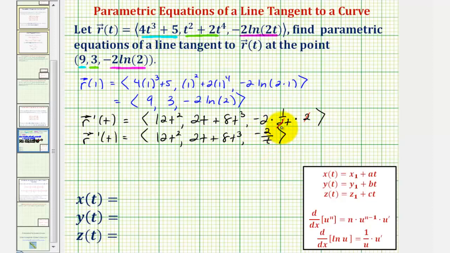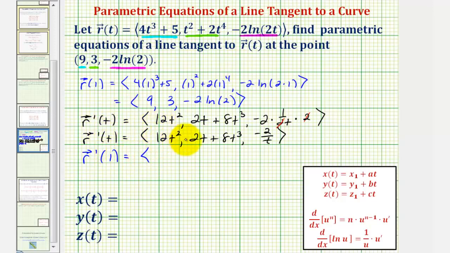And because we know the point of tangency occurs when t equals 1, to find our tangent vector, we'll now determine the vector r prime of 1. So r prime of 1, again, will be our direction vector for our tangent line.